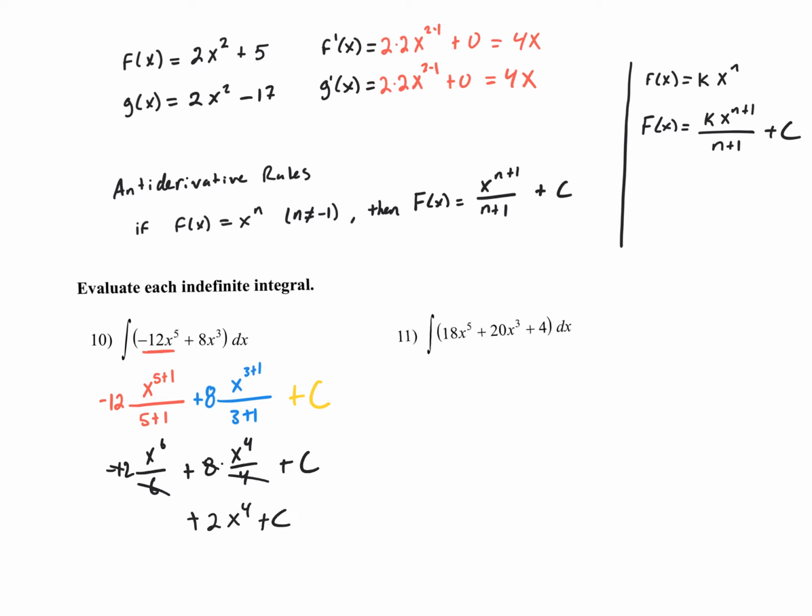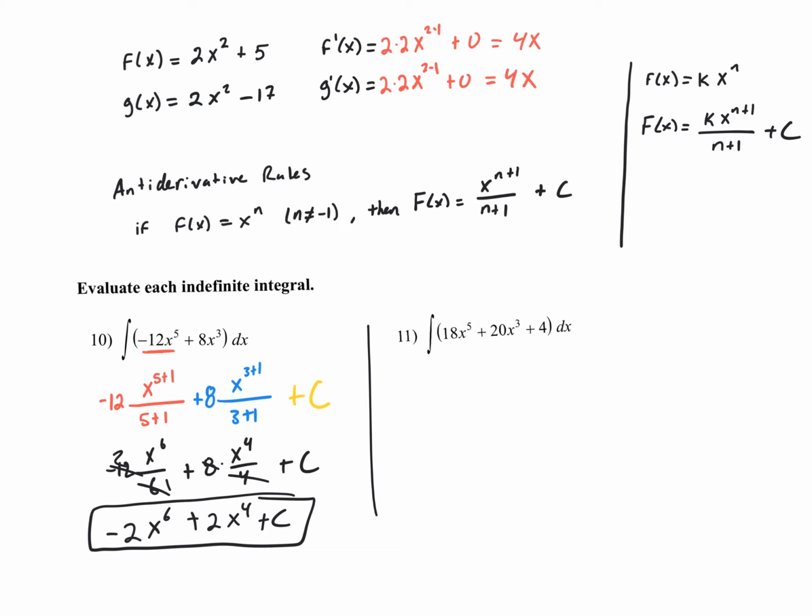The 6 reduces with the 12, giving me -2x to the 6th. So this is the antiderivative of this. Notice if we were to take the derivative of this, we would get this.